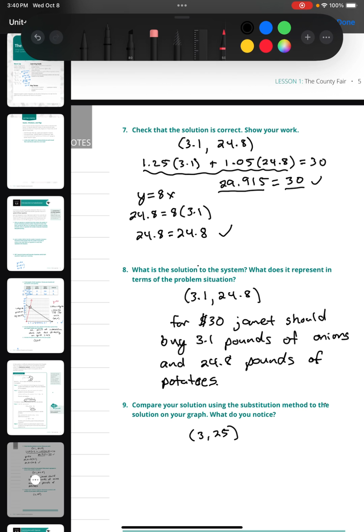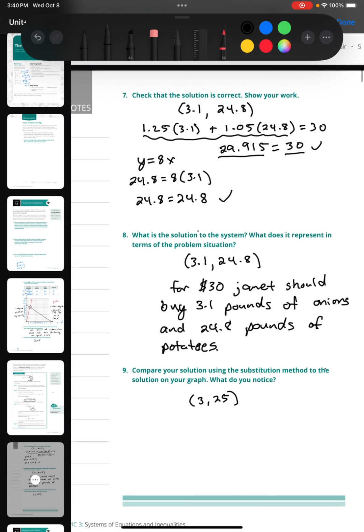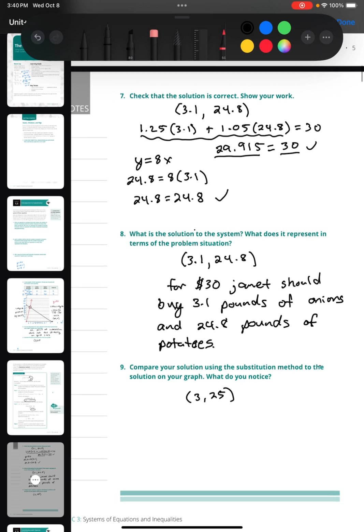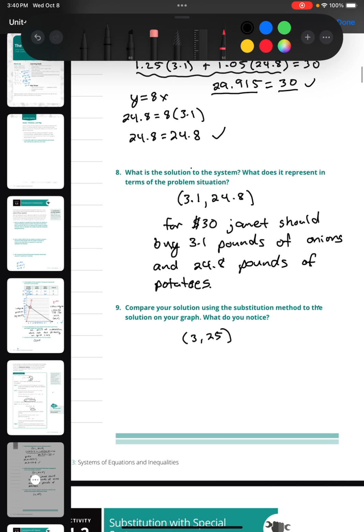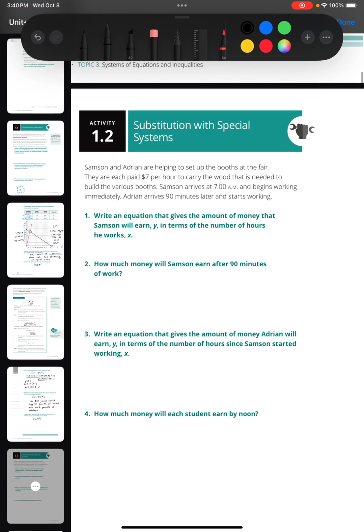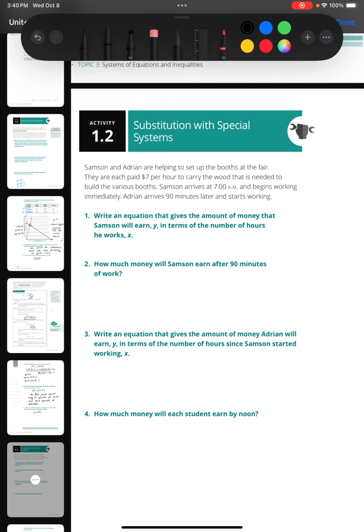So sometimes being lucky is better than good, but you can see at least the graph provides a really good estimate. We just can't necessarily always get it exact. We're not going to be so lucky every time that our estimate turns out to be exactly what our solution is.